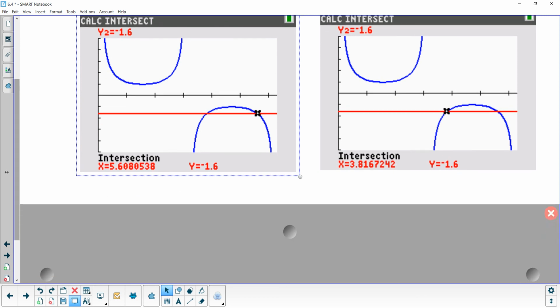And lastly, how often do they repeat? Each of those answers is going to repeat every, how often? Yes, there are infinitely many, but how often do they reoccur? Yep. 2 pi. Every 2 pi units, every cycle.